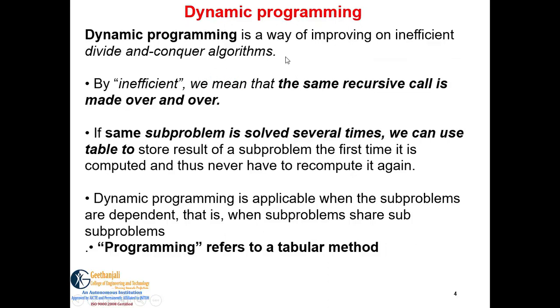Dynamic programming is a way of improving on the inefficiency of divide and conquer algorithms. By inefficiency, we mean that the same recursive calls are made over and over. If some subproblem is solved several times, we can use a table to store the result the first time it is computed and thus never have to recompute it again.